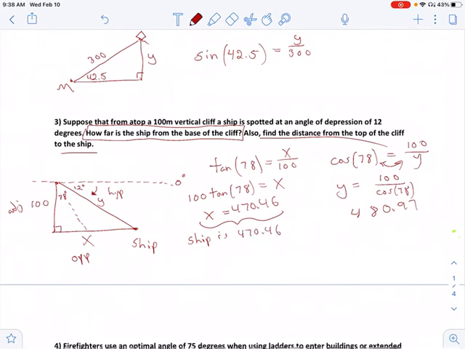Looks like we are talking about meters from the base of the cliff. And then versus this value, which was our y value or our hypotenuse, the ship is 480.97 meters from the top of the cliff.